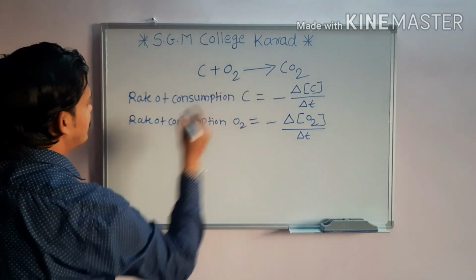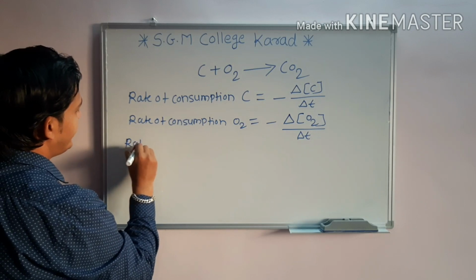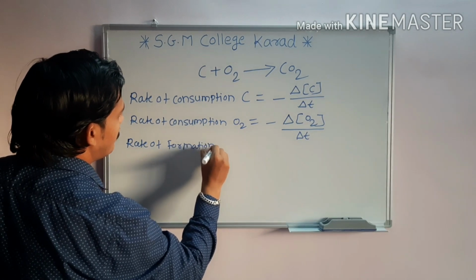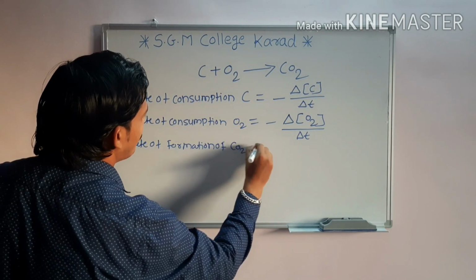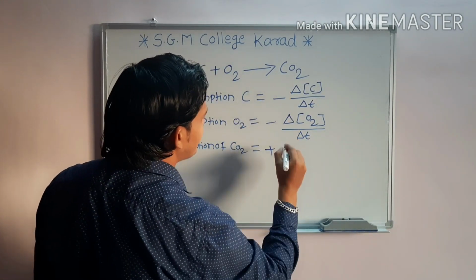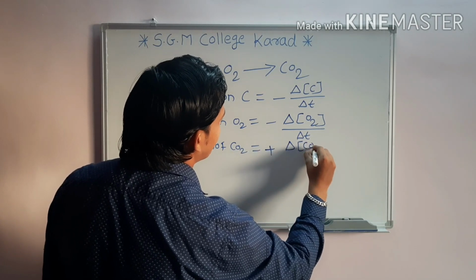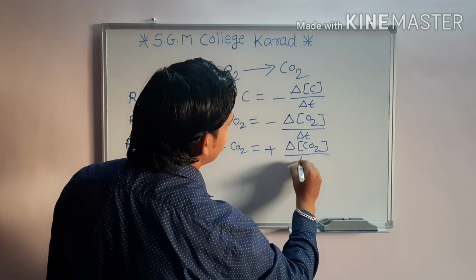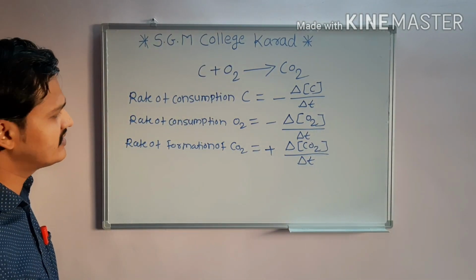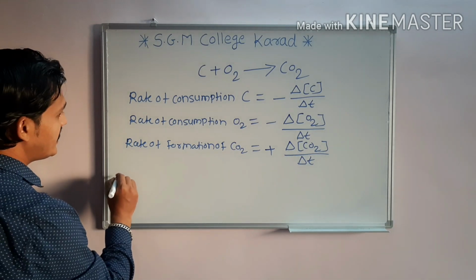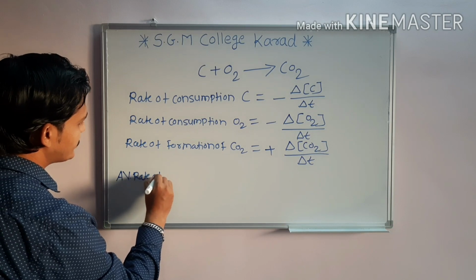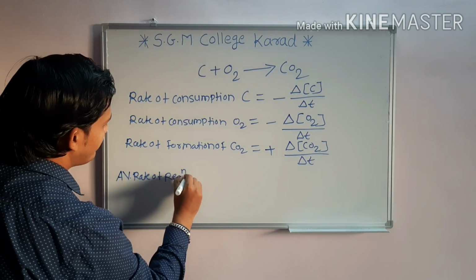Then the rate of formation of CO2, that is how to write the rate of reaction. Rate of formation of CO2, with the positive sign added only to the product side, is del in bracket CO2 divided by del T. Okay, this is how to write rate of reaction. Now I am going to write the average rate of reaction.